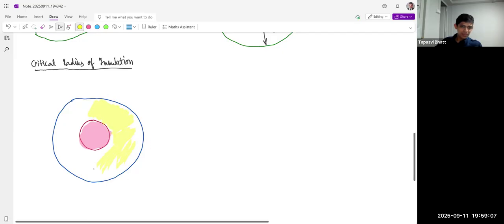Oh, I have to cover the complete area. Anyways, you guys understand. Okay. So this is insulation, and this is the wire. Ideally, I should have switched the colors because wires are usually made of copper.